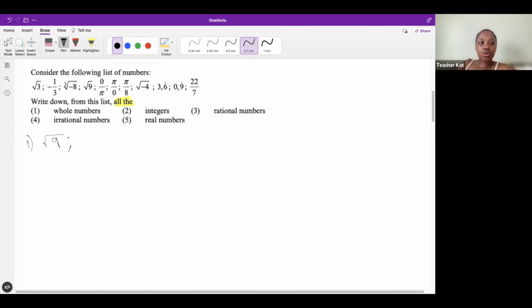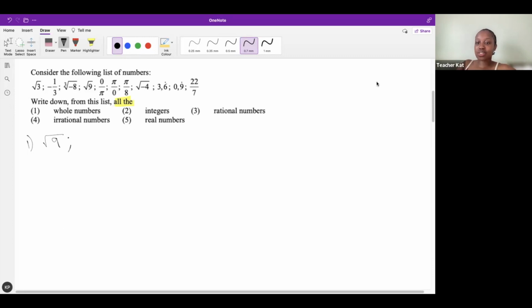Next, 0 divided by pi, is that a whole number? What's 0 divided by anything? What's the answer? 0. So I go back to my question. Is that a whole number? What are whole numbers, guys?